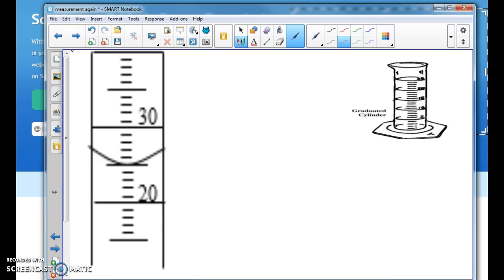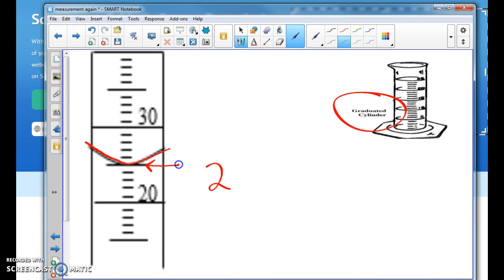All right. Now this one is a graduated cylinder. It's just kind of blown up, but it looks like this essentially. And then in a graduated cylinder, we read this from the bottom of what we call the meniscus. So you can see the meniscus is touching right at this big line. So we can see once again what we know is it's between 20 and 30. So we know it's 20 something.